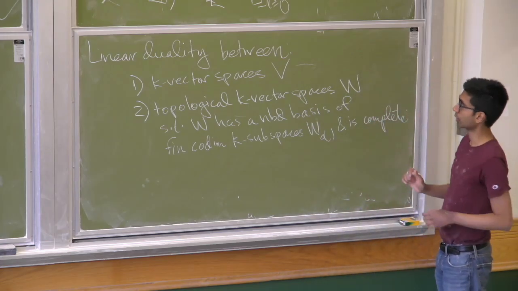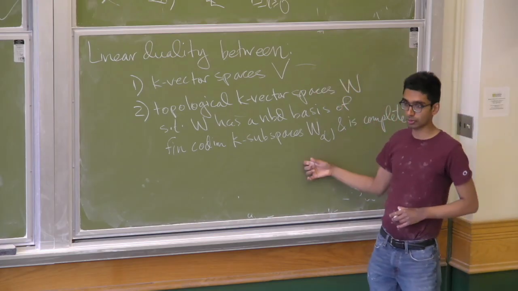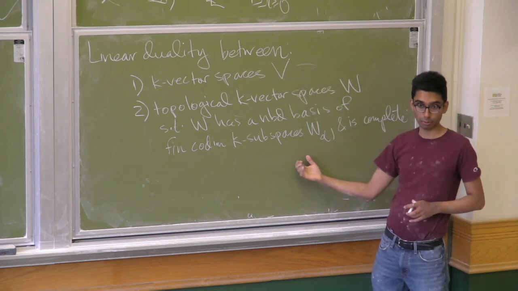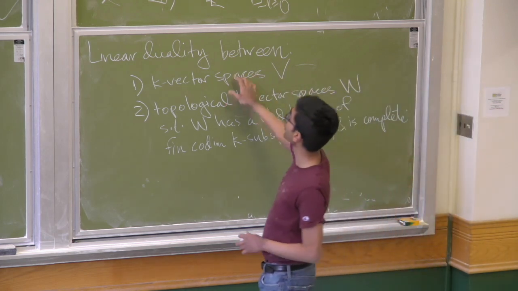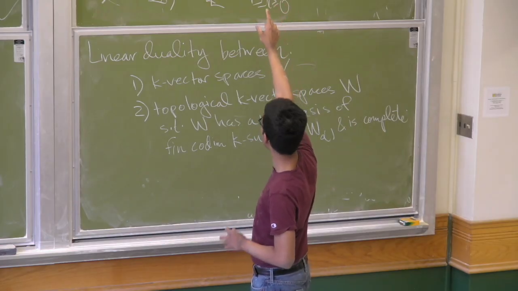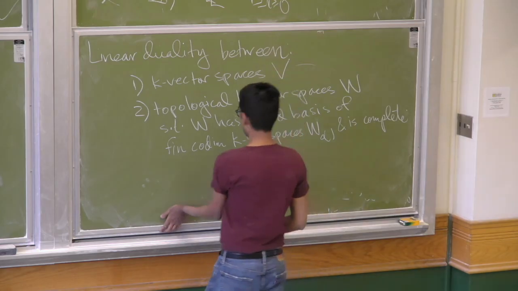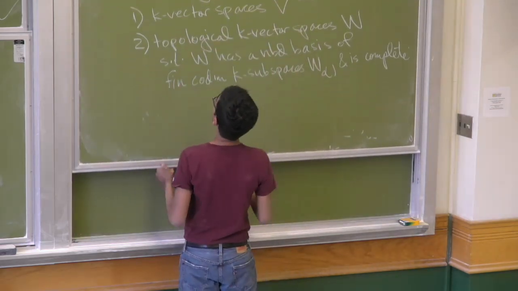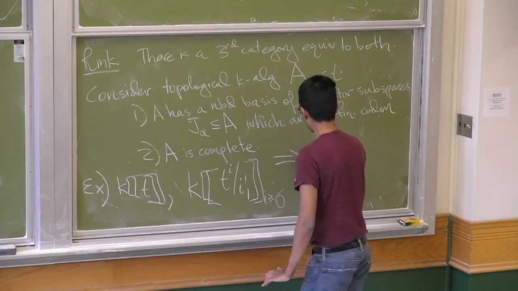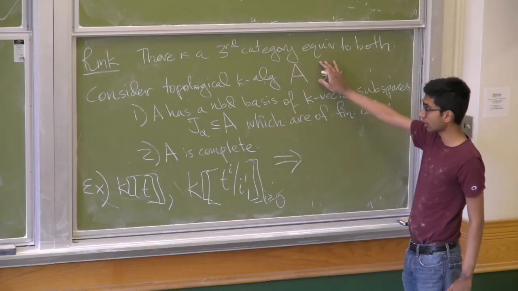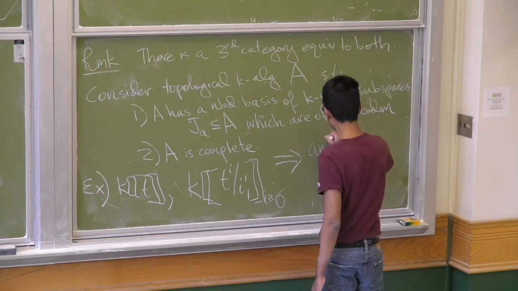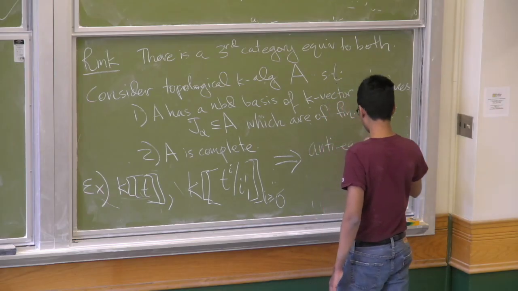So we have this linear duality, and the idea is that it will interchange algebras and coalgebras. So the idea is that this class of topological K-algebras, which have these properties, by this linear duality is anti-equivalent to coalgebras.